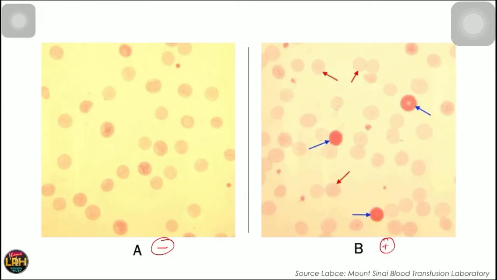The blue arrow at the bottom of this image points to the fetal cells. These are the fetal cells. While those red arrows are pointing to the maternal cells, which appear to be ghost cells.